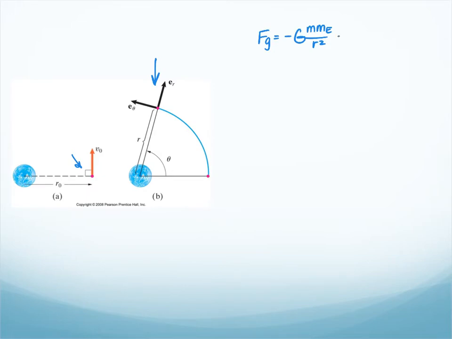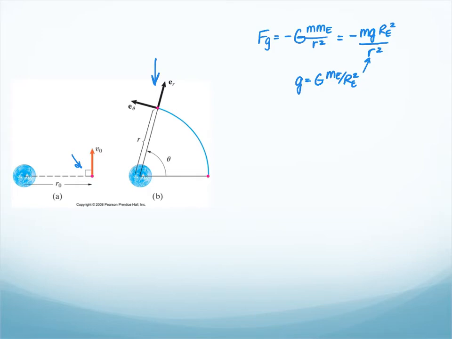Just to get rid of some terms, we're going to write this in terms of the acceleration of gravity of the Earth at its surface. So if we let little g be equal to big G, the mass of the Earth, over the radius of the Earth squared, and make that substitution, we would end up with this expression.